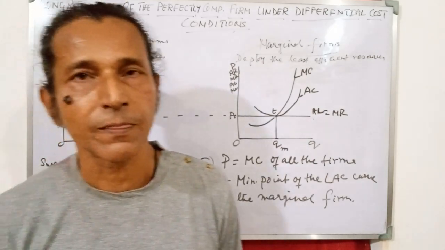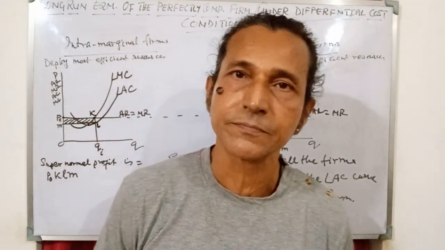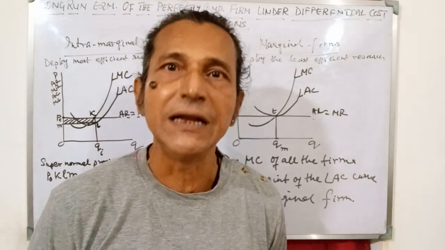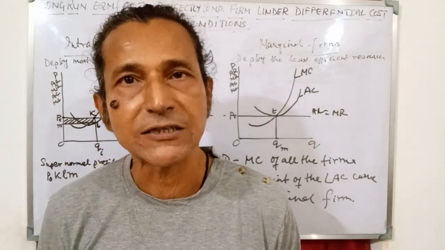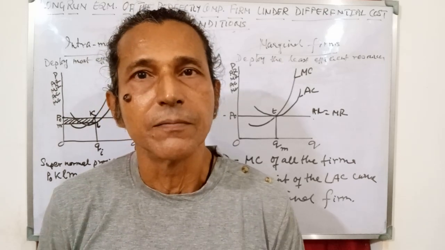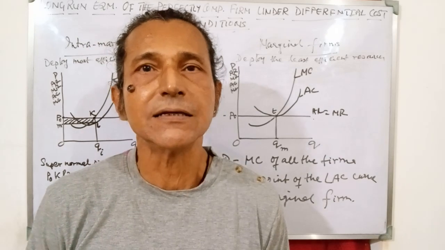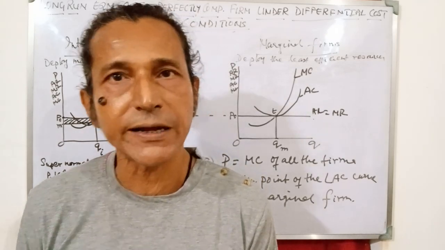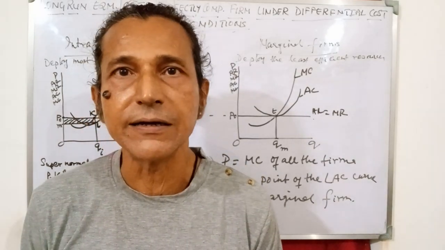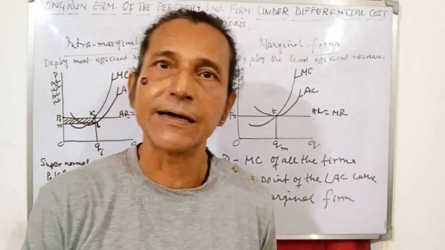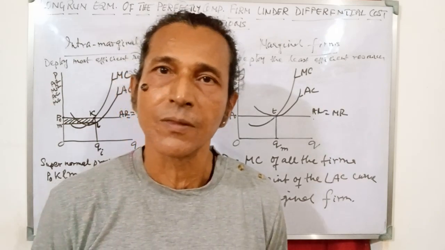On the other hand, if price is less than the minimum point of the long run average cost curve of the marginal firm, then what will happen? Then some firms will quit the market, because long run is a sufficient time when firms can enter or quit the market.